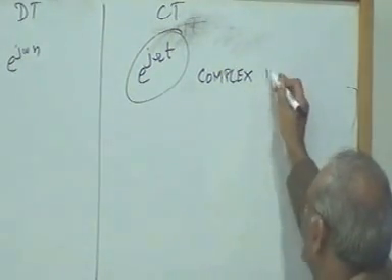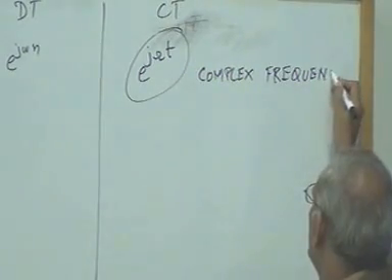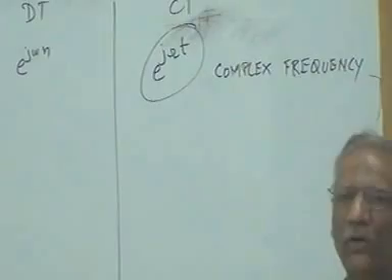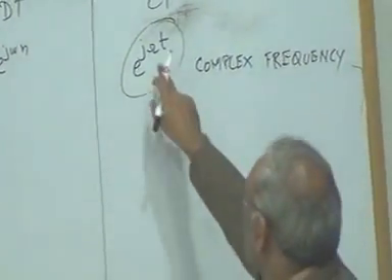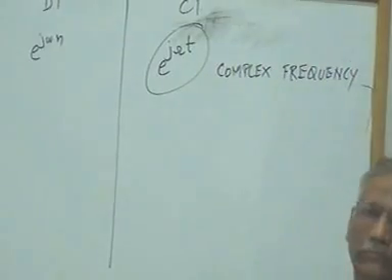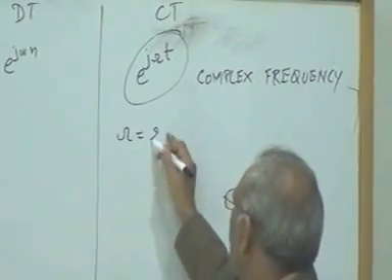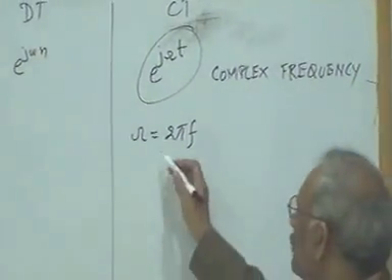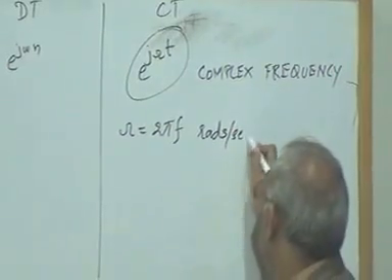We call that complex frequency, e raised to power of j omega t. Here, this omega is the angular frequency, and it is equal to 2 pi f. And the units for this angular frequency are radians per second.